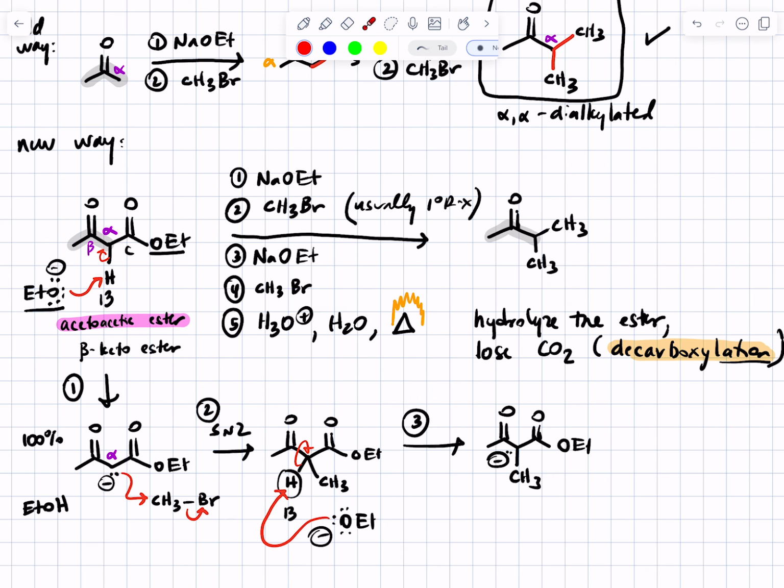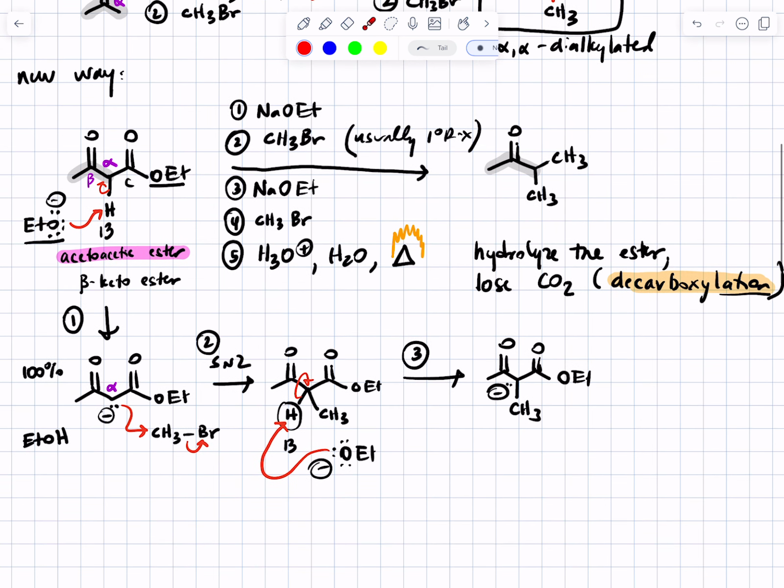We still have a proton there that's still acidic. It's still between 2 carbonyls, still alpha to 2 carbonyls. So we can, with another equivalent of the same base, sodium ethoxide, remove that proton to generate this enolate. And that's where we were when we stopped last time.